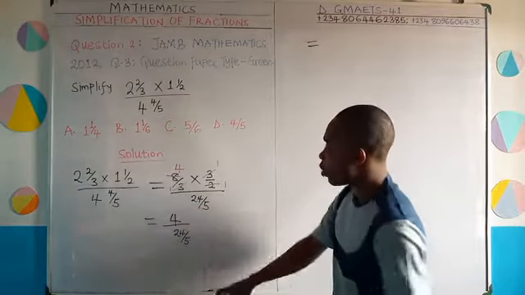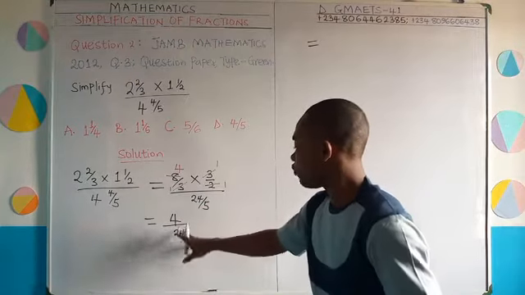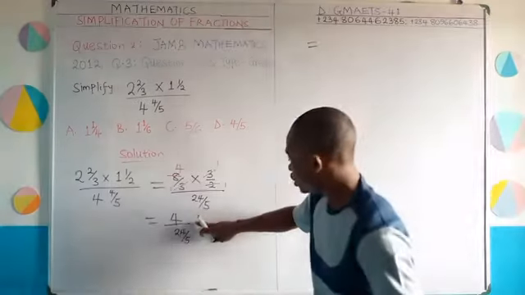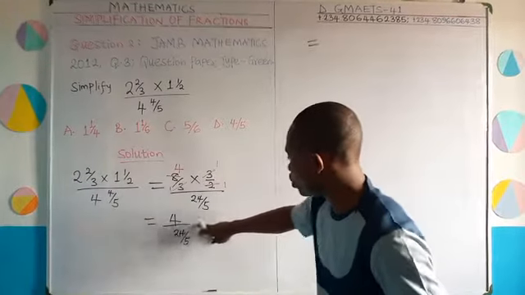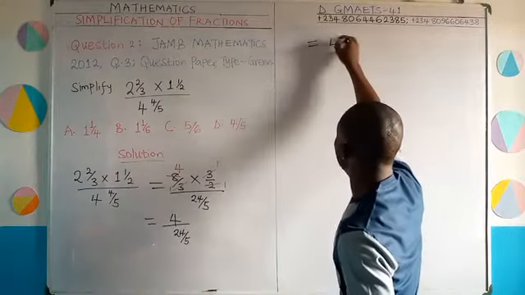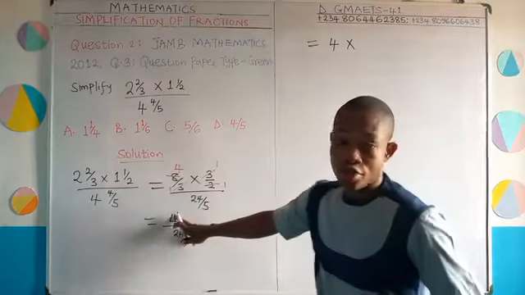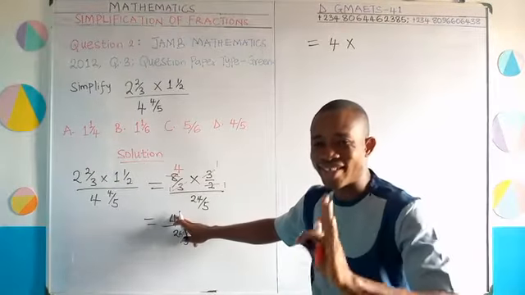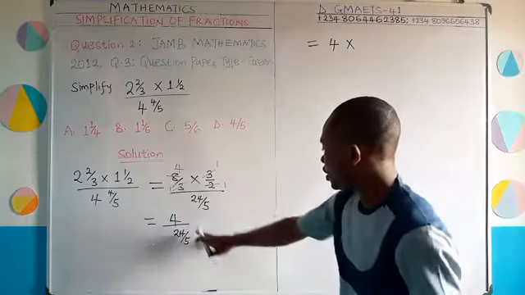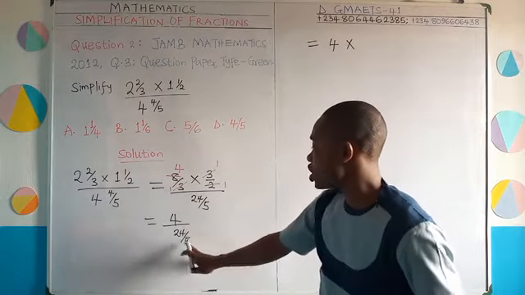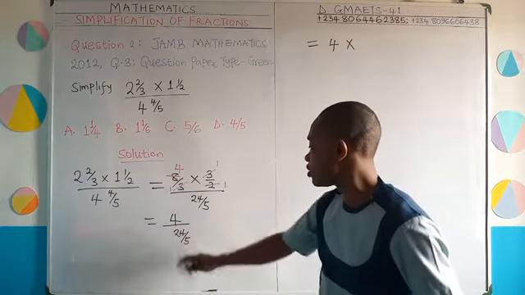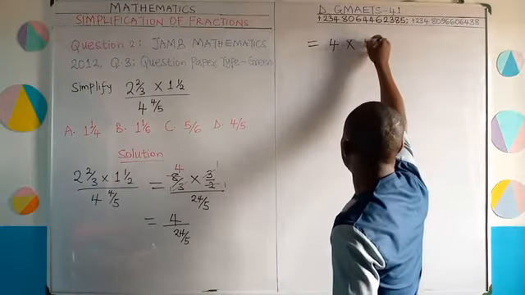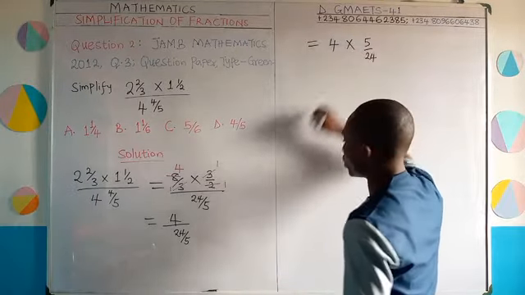If I write it as 4 over 1 divided by 24 over 5, you know what to do? Change this major division to multiplication. So that's going to be 4 times, and you keep the numerator exactly as it is. Then change the division to multiplication and then invert this denominator fraction. That's going to be 5 over 24.